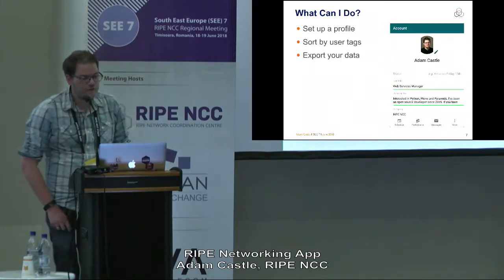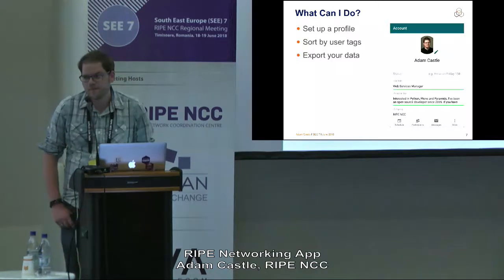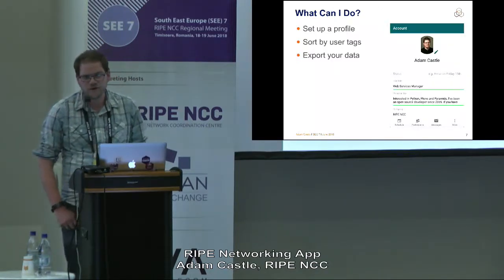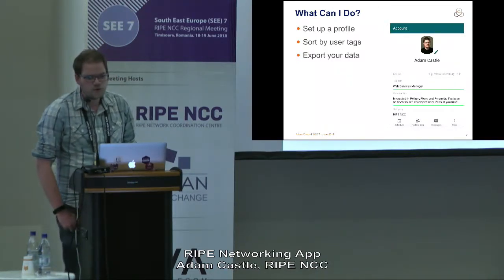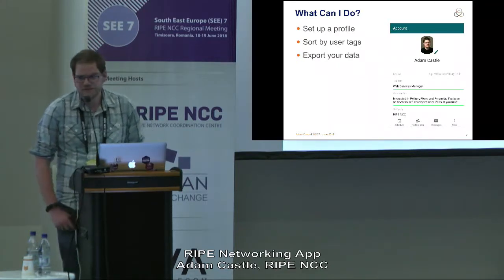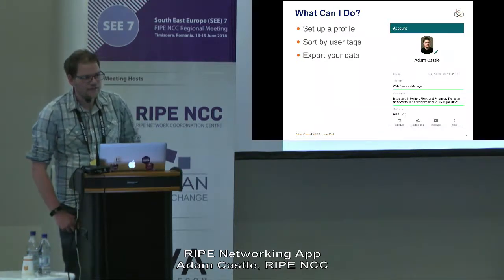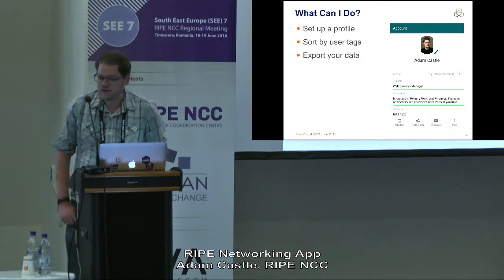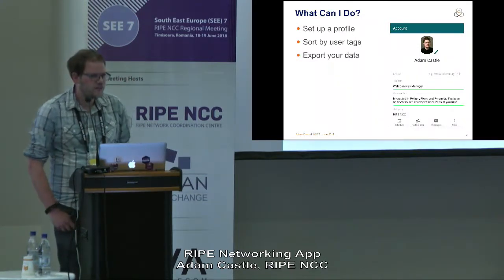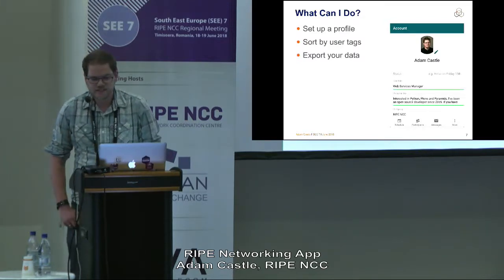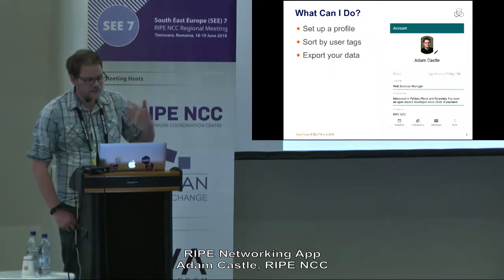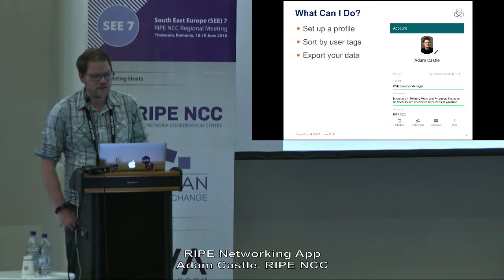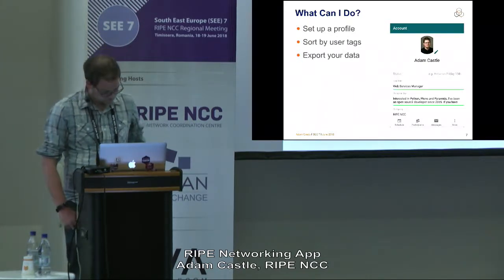I mentioned the profile before. You can add your company information in here, your personal bio, also your job title. All of this is very useful because it can be used for filtering by other attendees looking for each other. You can also put in the status, like when you're on site, and like I said, you can tag yourself, so that people can search on these tags.